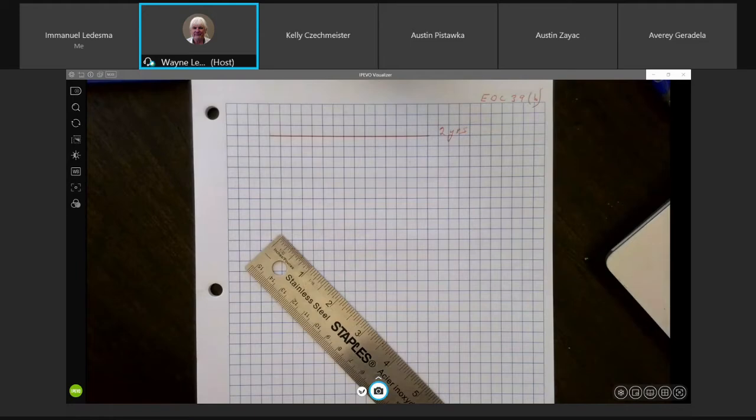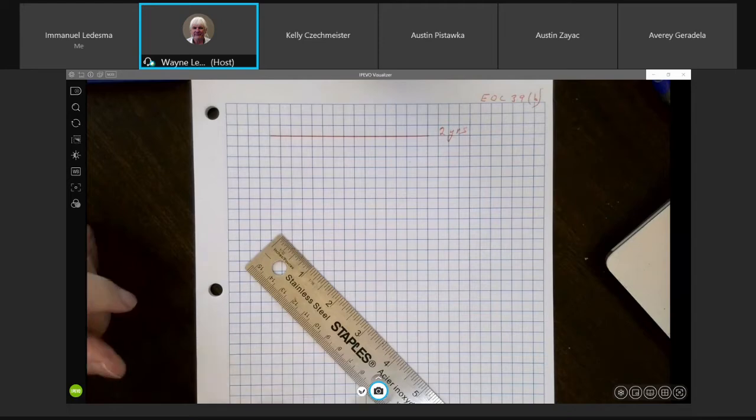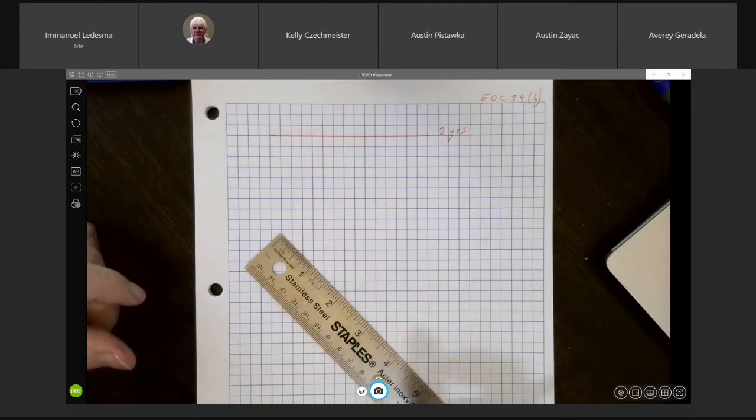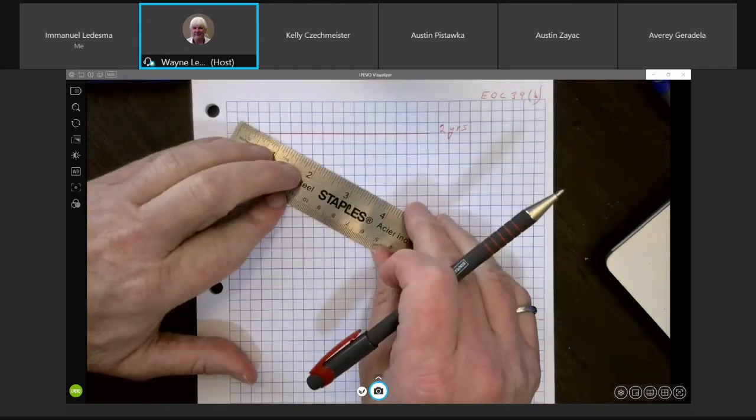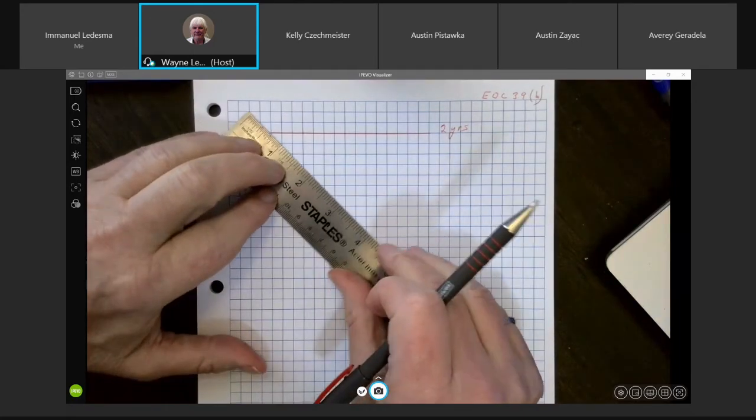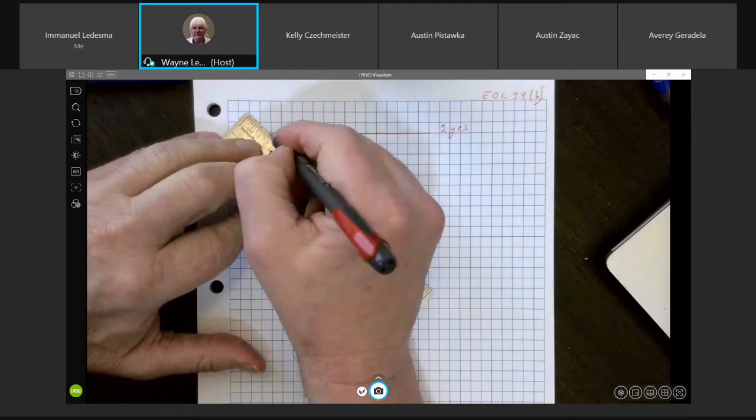It's an arithmetic gradient. I have also geometric gradient up there, so I need to comment on this. What you need to know here is that if the increase per unit of time per interval is a flat amount, $1, $1, $1, $1 every time, then if that's the case, it is an arithmetic gradient. And you would show an arithmetic gradient by showing the base annuity upon which it is built.